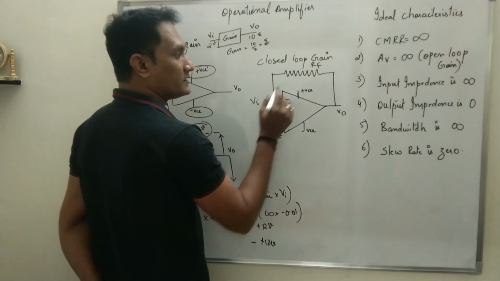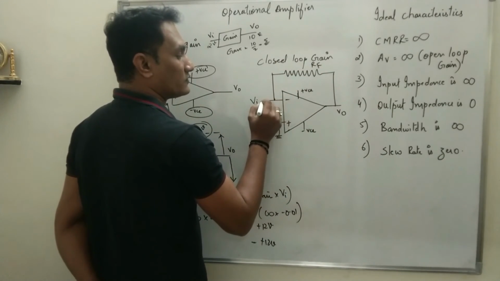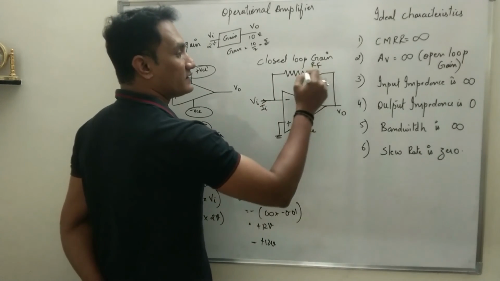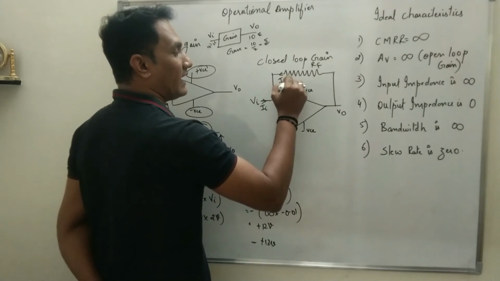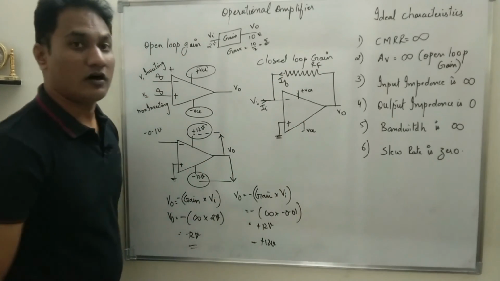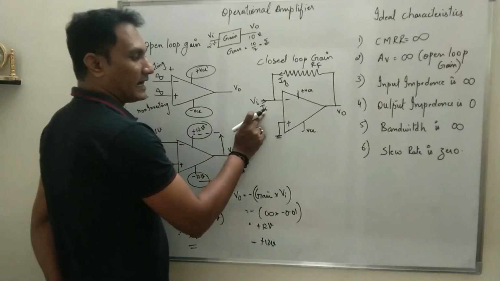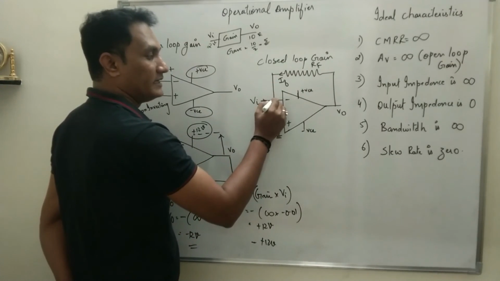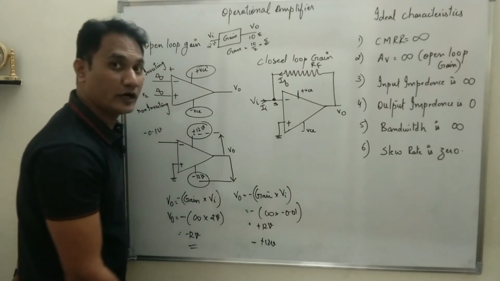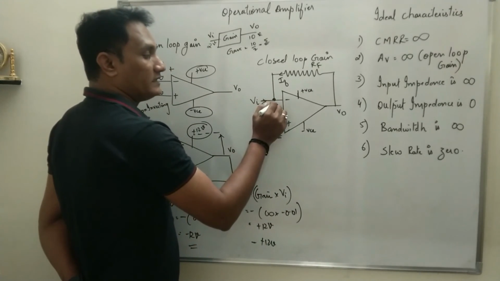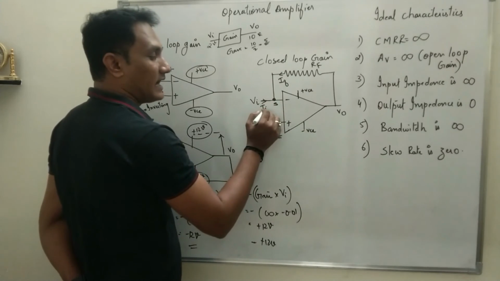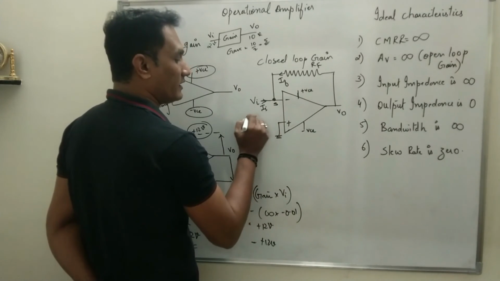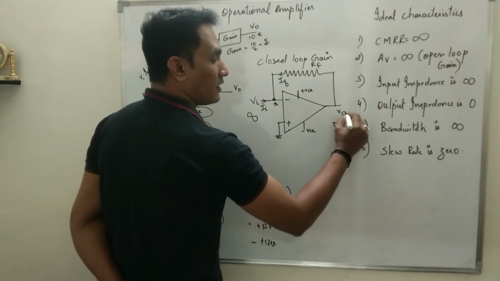Now of course there will be an input current, say II, and there is a feedback current, which is IF. You can select a large value of feedback resistance so that II and IF are the same, and they are meeting at this point. This point is called the summing point S. Now at this point, as you are connected in inverting mode, there will be a phase shift of 180 degrees.